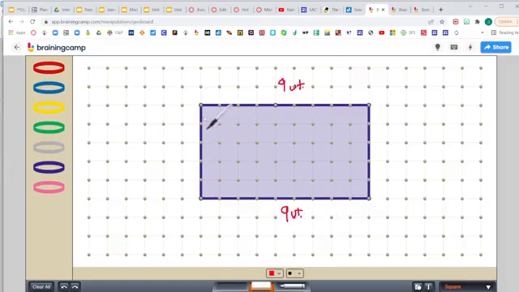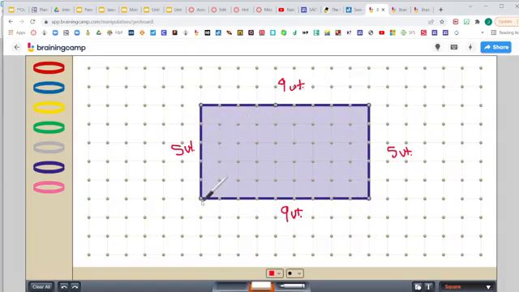Okay, so now I'm going to measure the shorter sides. 1, 2, 3, 4, 5 units on this side, and so that means the opposite side, if this is a perfect rectangle, is also going to be 5 units. Now to find the perimeter, remember we are just going to add up all of these side lengths to find the distance around the entire figure.